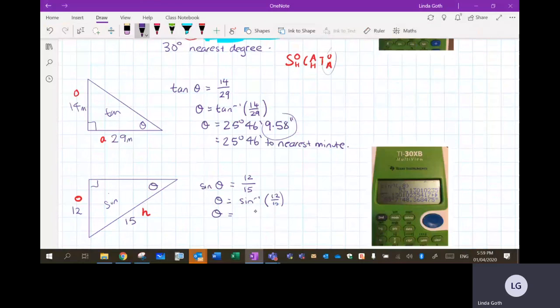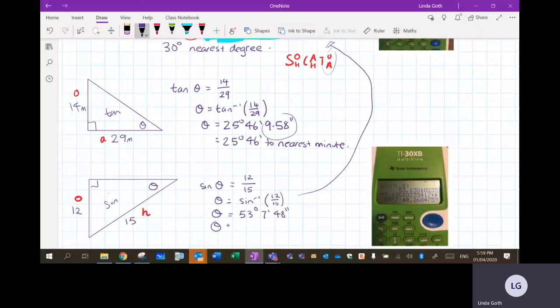It came up with 53 point something or other. But then I did those instructions I had up there. So we're doing second angle, scrolling down to number 6 DMS and pressing enter a couple of times. And I've ended up with 53 degrees, 7 minutes and 48 seconds.